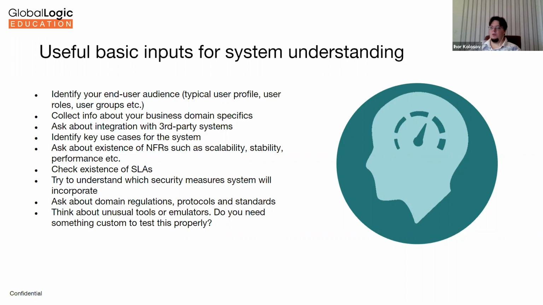Also, it is useful to collect all available information about your business domain specifics. Maybe there are some specific standards, or I don't know, it is a good idea to take a look at competitors, to other systems.